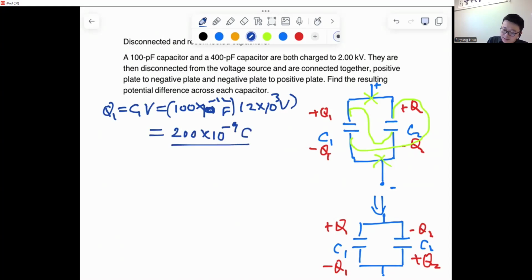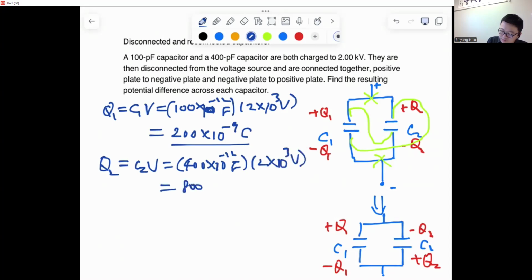Okay. Q2, we can do the same thing, C2 times V, which is 400 pico times, again, 2 kilo. That will be 800 times 10 to the minus 9 coulombs. Okay, so clearly Q2 is more than Q1.